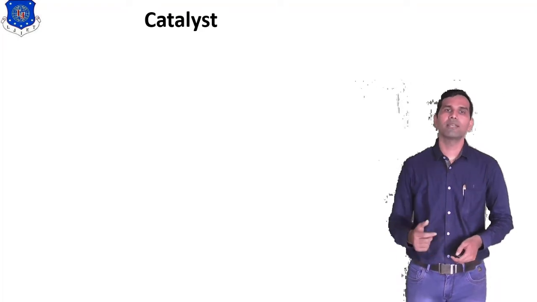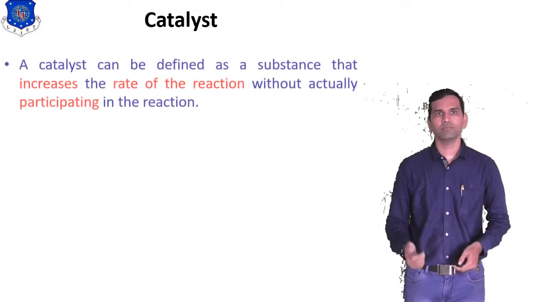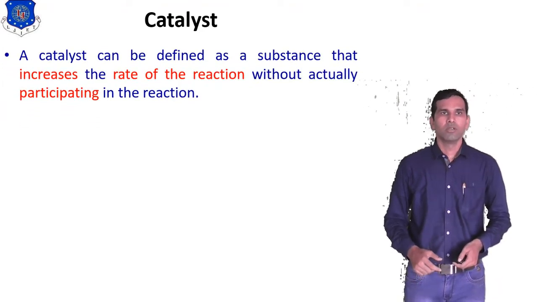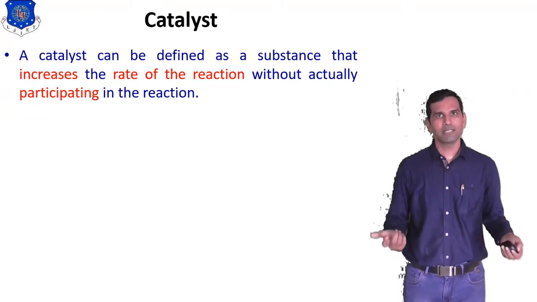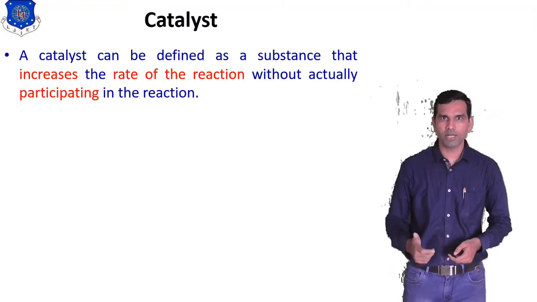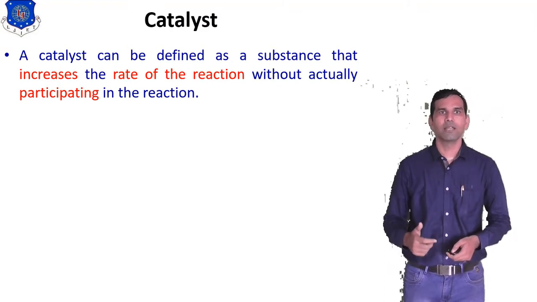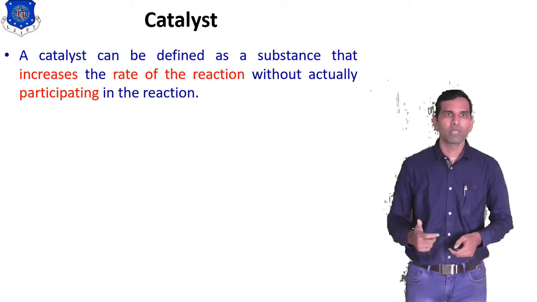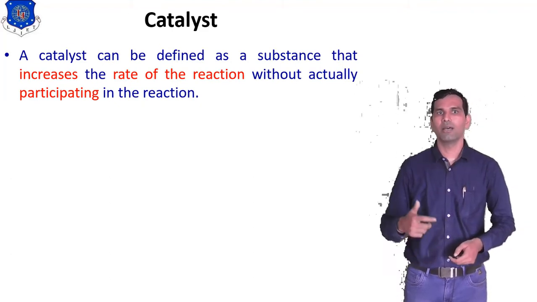Now the next factor is catalyst. So what is a catalyst? A catalyst can be defined as a substance that increases the rate of reaction without actually participating in the reaction.